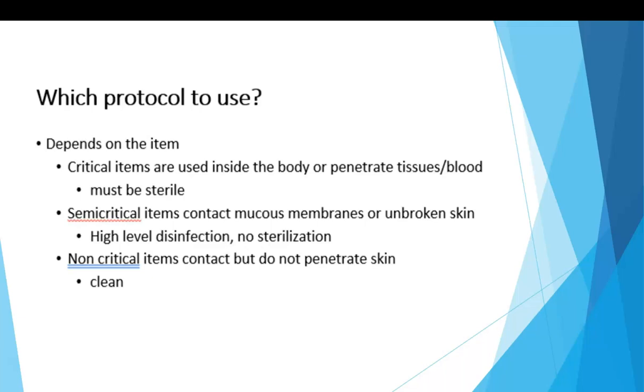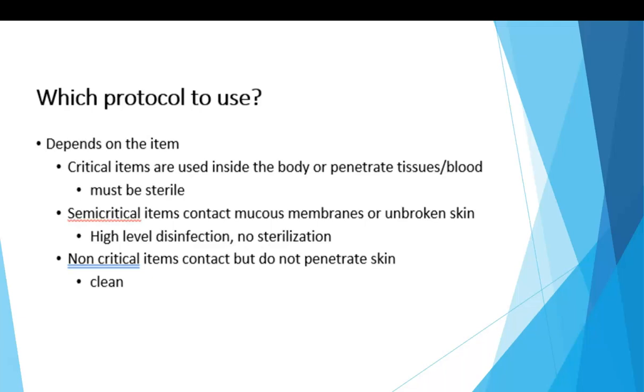Then we have semi-critical items. These can be in contact with your mucous membrane or unbroken skin, but they are not going to penetrate inside the body. So you don't need sterilization for them, but they have to have a high level of disinfection. And then we have non-critical items. These don't penetrate the skin and they just need to be clean.